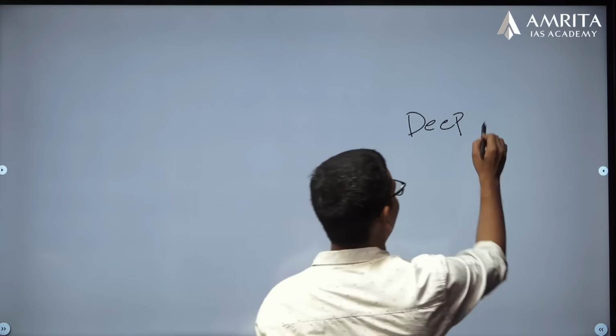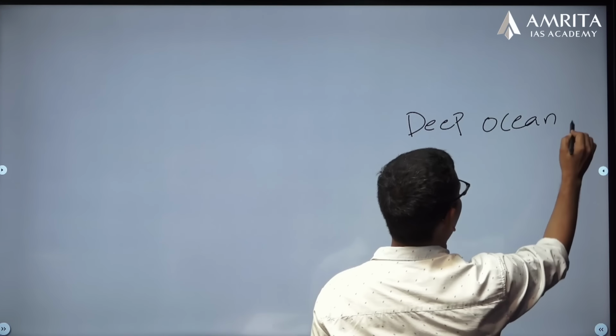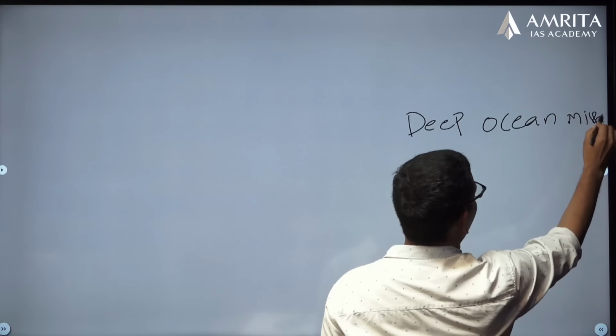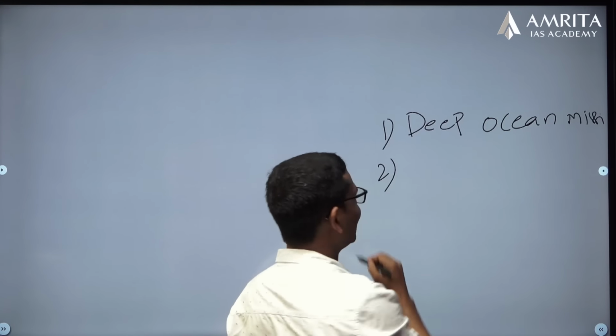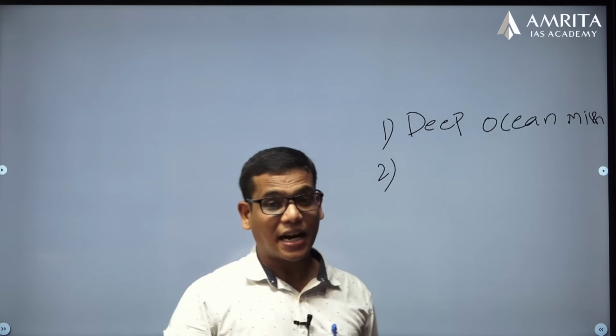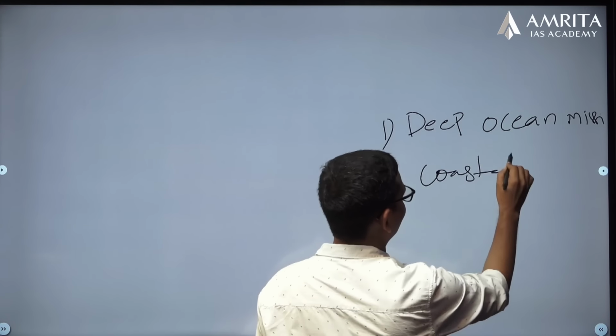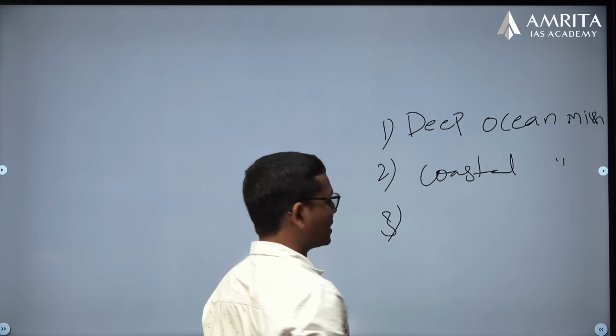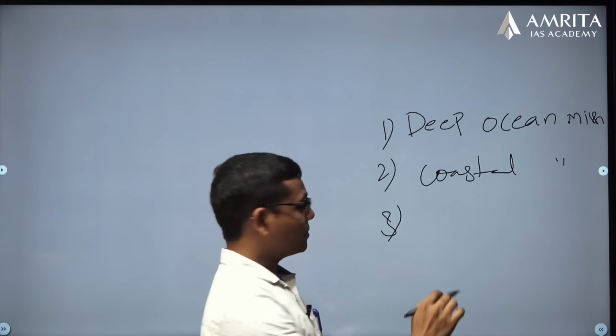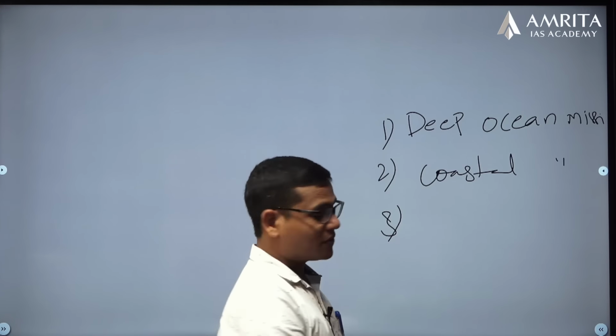So, deep ocean mission is the first one at the India level. The second one is the blue coastal mission. The third one is the marine fishing policy.